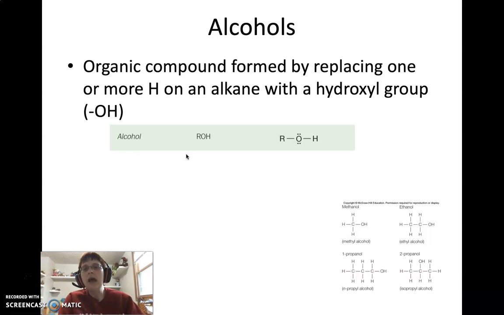So an alcohol can be identified because it is an organic compound, a hydrocarbon, where you have one of those hydrogens that's been replaced by an oxygen and a hydrogen that are bonded together. And you can see in the diagrams down here, they will be sitting next to each other.